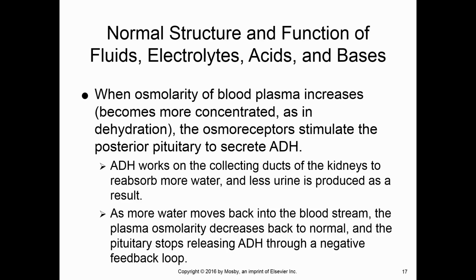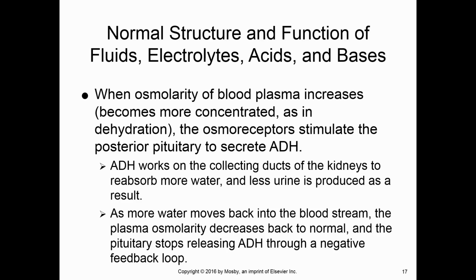And break that word down. Antidiuretic. So we don't want to diurese. Diurese is when we get rid of fluid. We don't want to get rid of fluid. We want to save the fluid. So we don't want to diurese, so we need that antidiuretic hormone.